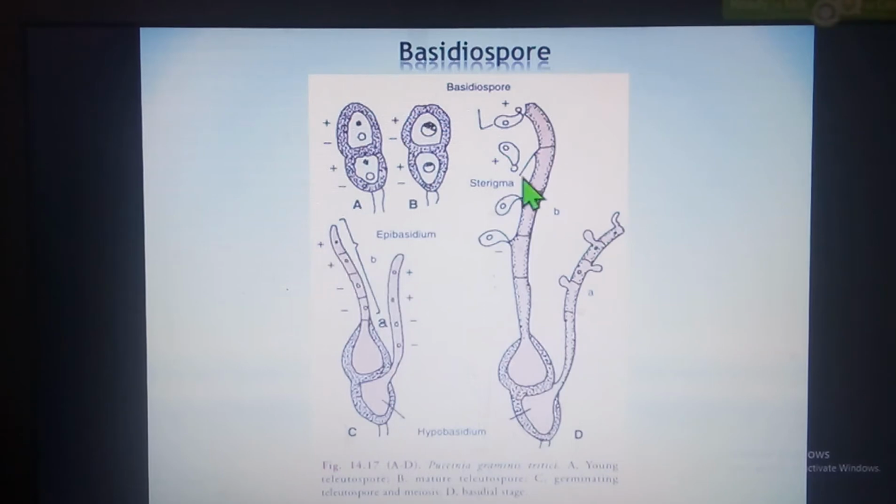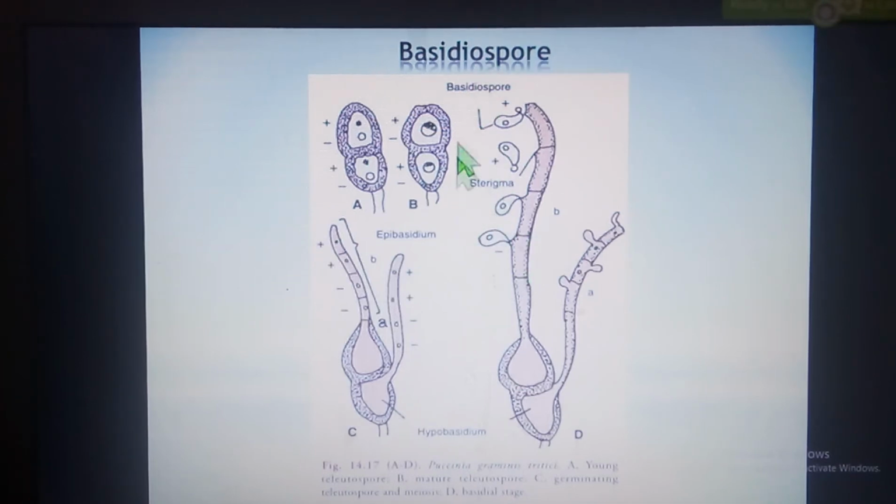So what happens to these basidiospores? They can survive only for a few days. Okay, they can infect only the leaves of the alternate host, that is the barberry, not the wheat plant. After they are carried away by the wind, if they come in contact with the alternate host, then only they will germinate.